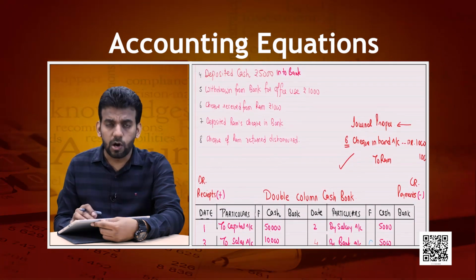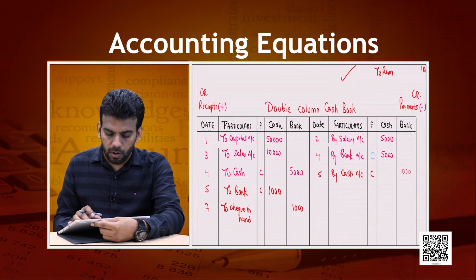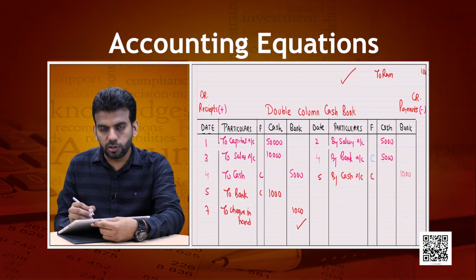Then on the 8th, this check got dishonored. See, on 7th, you made a deposit in the bank. You were supposing that this money has increased. But on the 8th, you were notified that this check has returned dishonored.